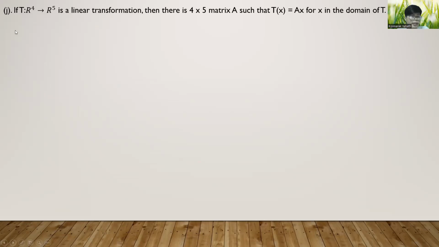The last statement, they said that if T transforms the element from 4 dimension to 5 dimension is a linear transformation, then there is a 4 by 5 matrix such that Tx equal to Ax for x in the domain of T. So by x in the domain of T, it means x contains 5 rows. It means x is in 5-dimension space.